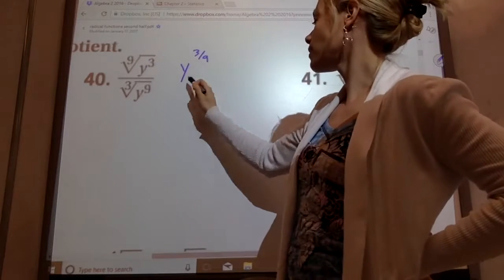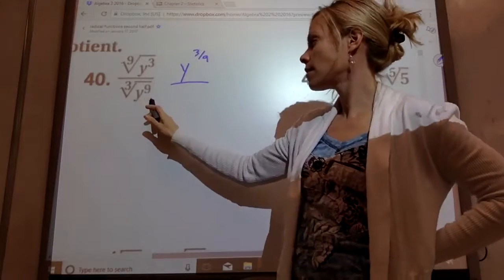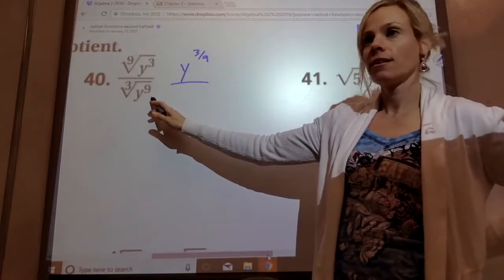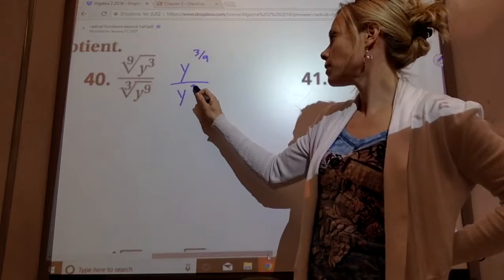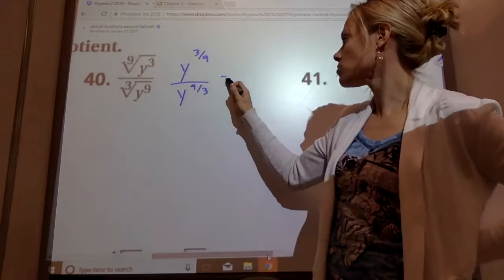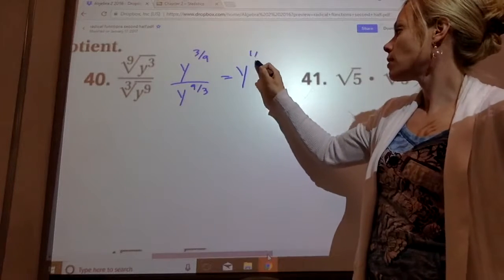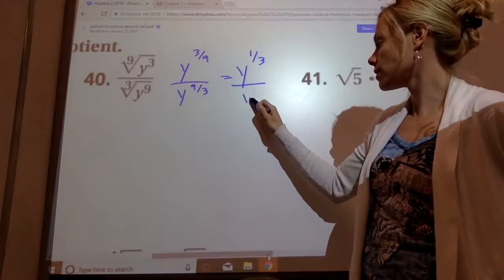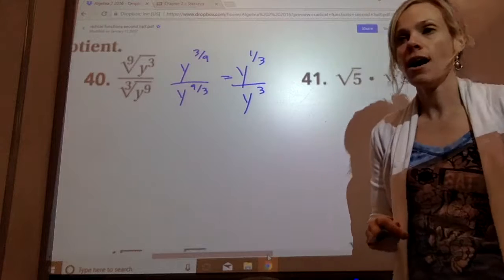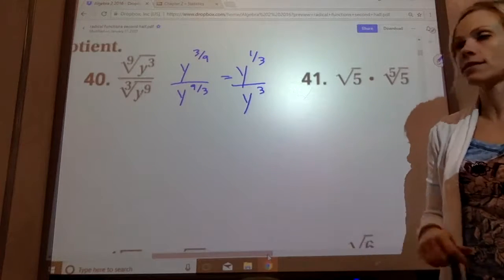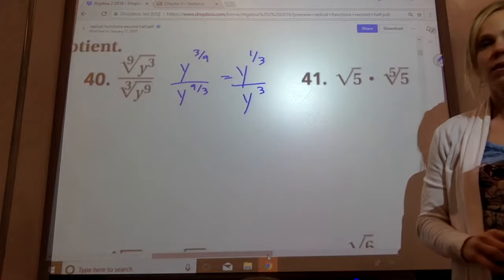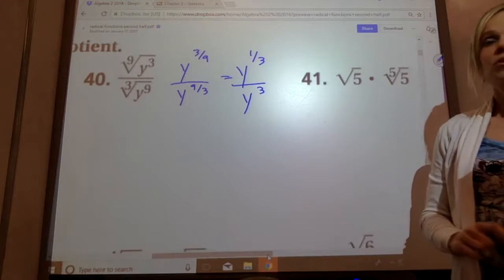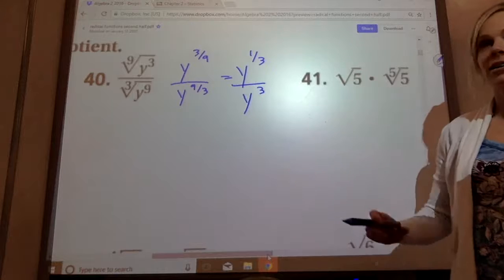I can rewrite this as y to the 9/3. But simplify those, what is 3/9? What is 9/3? 3, good. Now if I have same bases, what am I going to do with the exponents? Subtract. What is 1/3 minus 3?